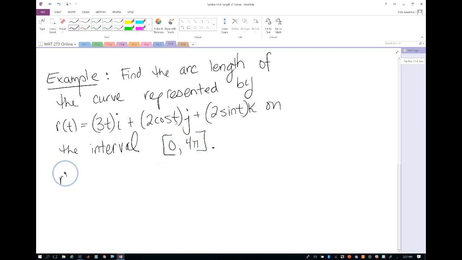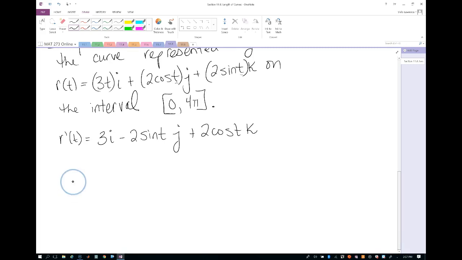So we need r prime of t, which is 3i minus 2 sine t j plus 2 cosine t k. And arc length is going to be the integral from 0 to 4 pi of the magnitude of our r prime of t.